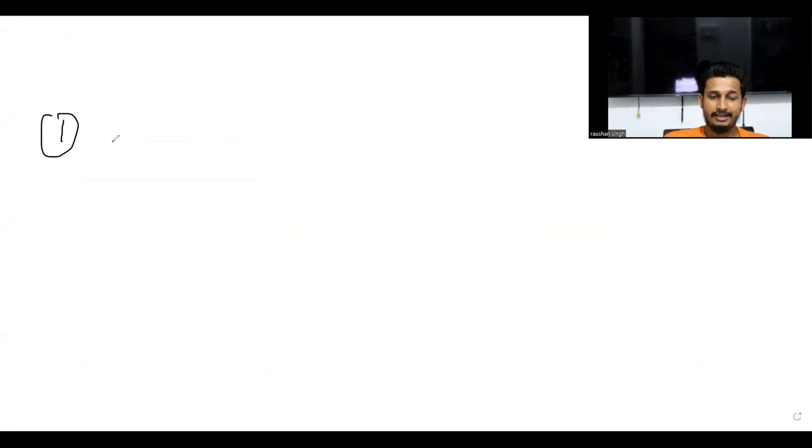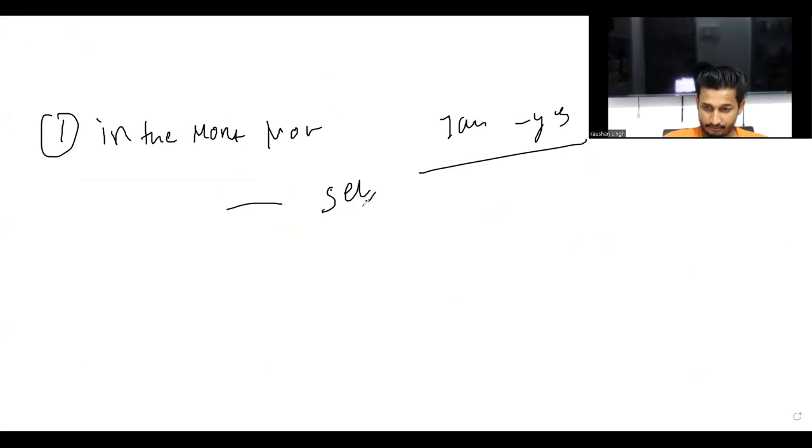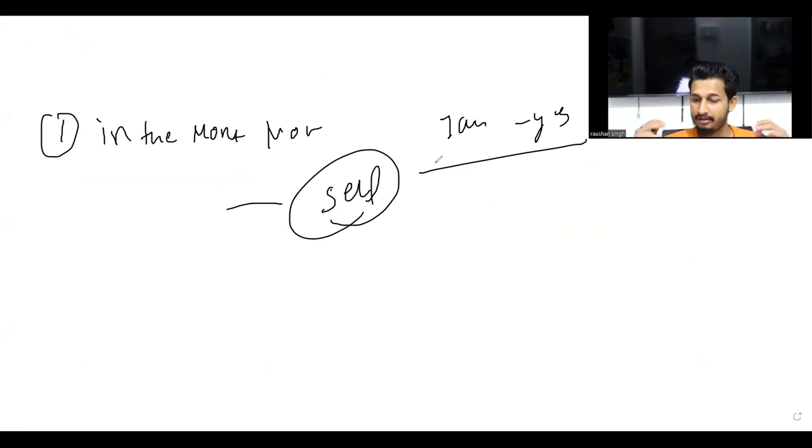First question: in the month of November, can I buy a January future? Yes. If I am buying today, can I sell it tomorrow? Yes. If you're buying today and you have chosen normal, you can sell at any point of time, but on or before the last Thursday of that particular month.